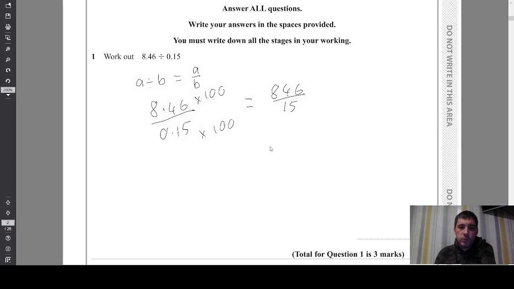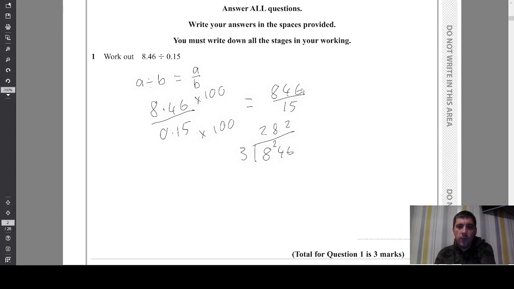So you can just do a quick bus stop method recap. 846 divided by 3: 2 with remainder 2, then we get 8 and 2.